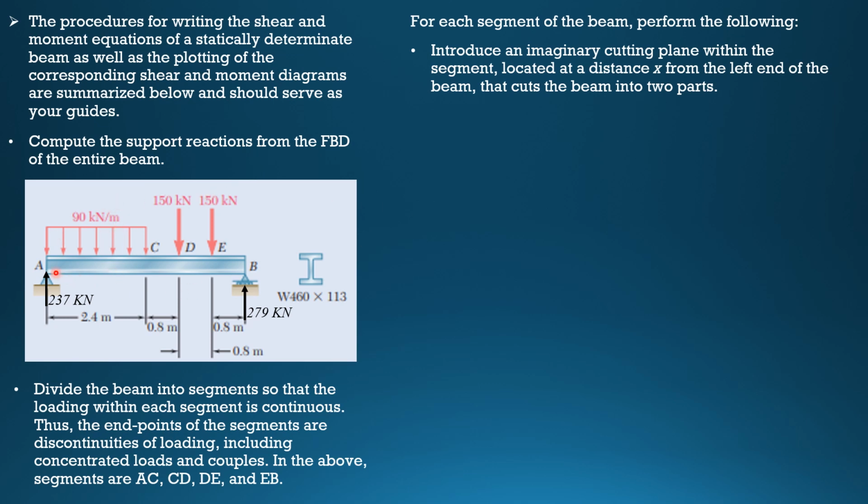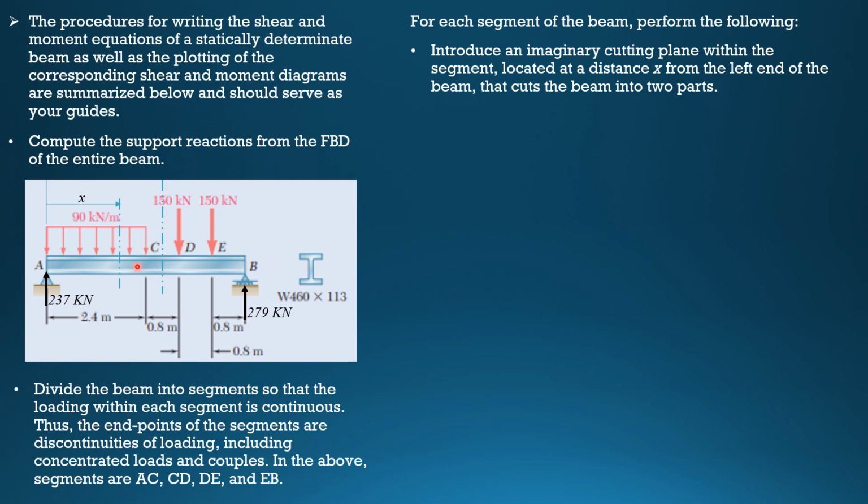One from the origin to that section and the other from that section to the right. Of course we select the one that is simpler, and that is from the left to the section. So this is the section and its distance from the left is x.